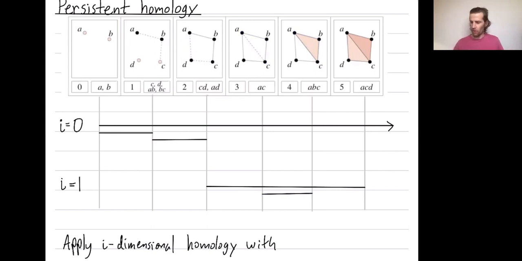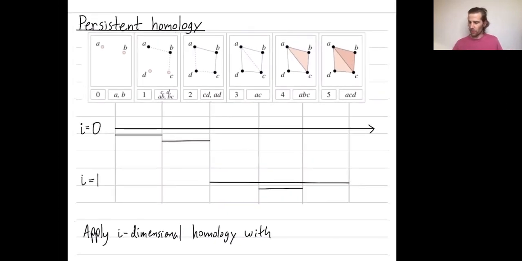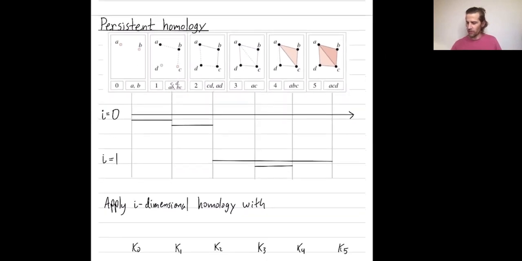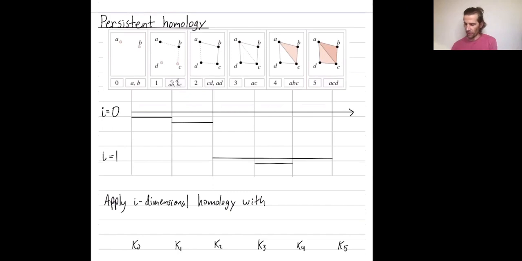Okay, so mathematically what's going on here is we have an increasing sequence of spaces. K0 includes into K1, which includes into K2, which includes into K3, etc. And then you can apply homology with coefficients in a field F to get the following, okay?